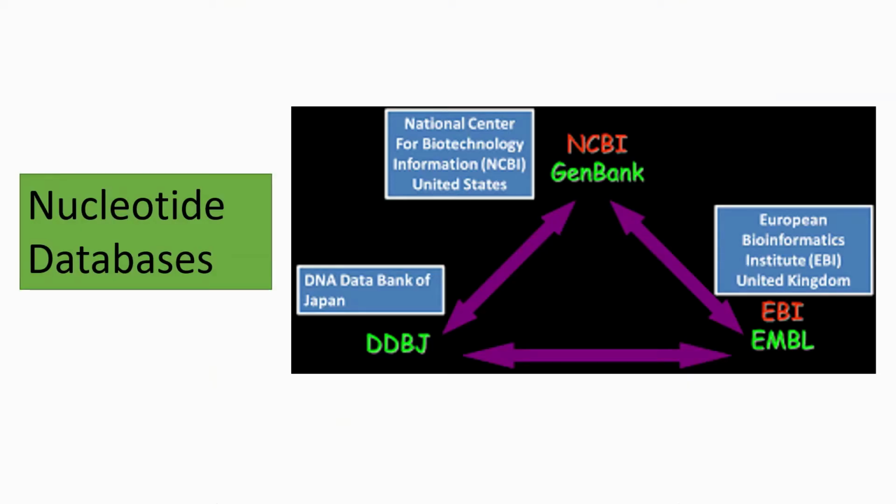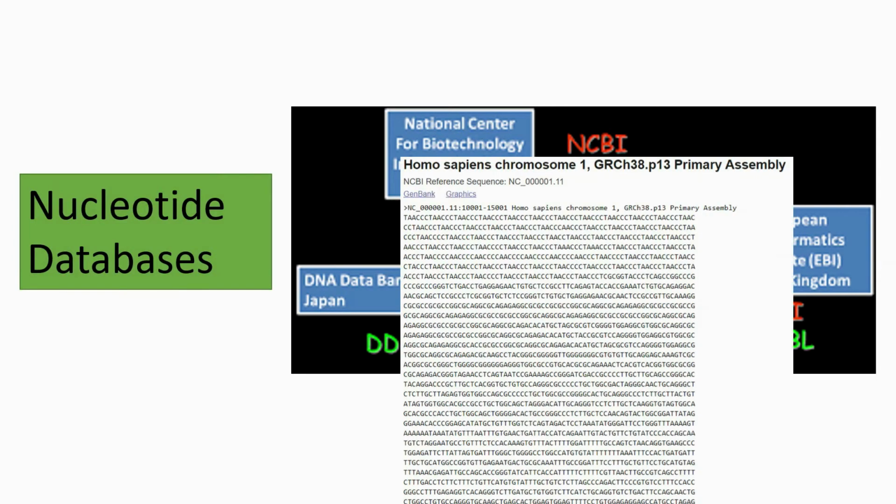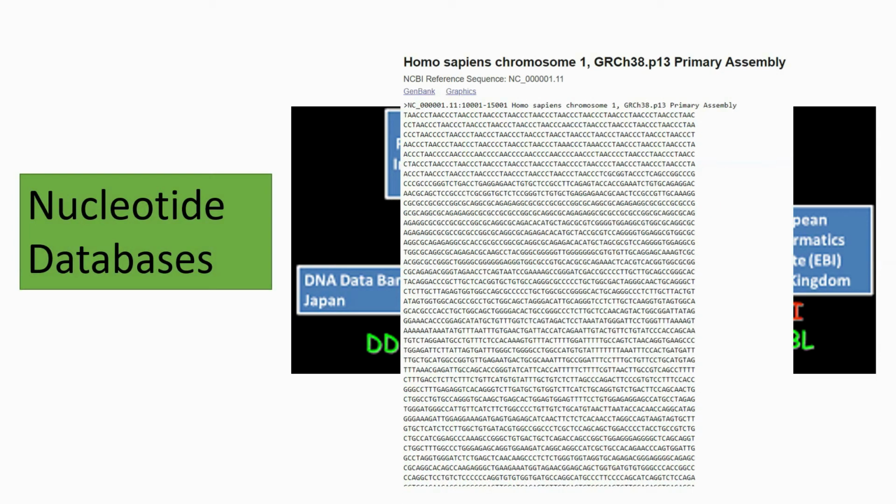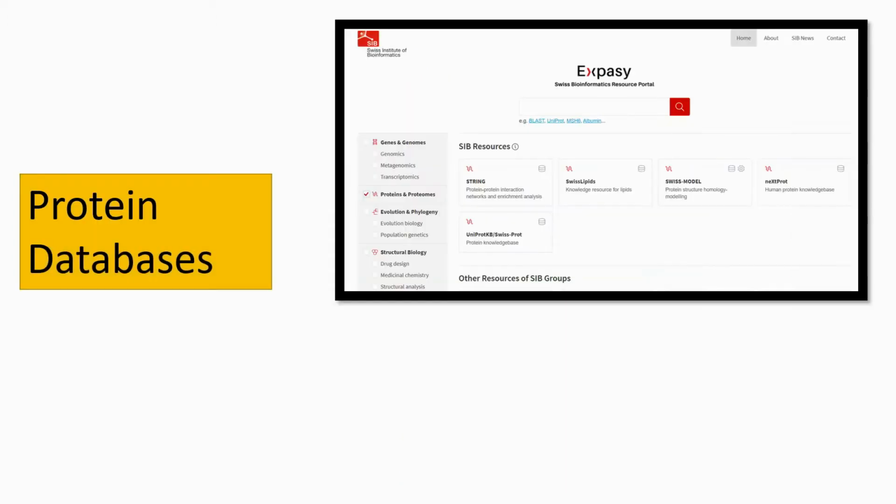We have already covered nucleotide databases in earlier videos, and we know that these three databases, GenBank, EMBL, and DDBJ, exchange the nucleotide sequences amongst them. And this is how a nucleotide sequence looks in a database. So yes, folks, we are going to talk about these types of formats in this video.